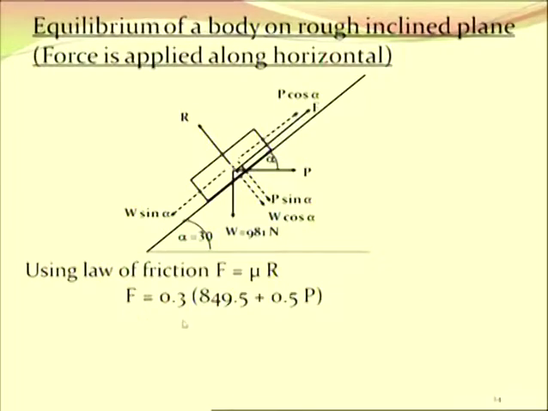So F is equal to mu, given as 0.3, and R earlier calculated, that is 849.5 plus 0.5 P. Putting this value and simplifying it, F comes out as 254.85 plus 0.15 P.